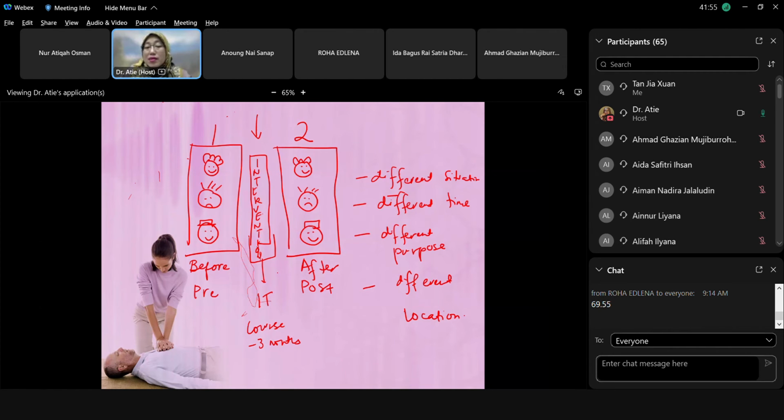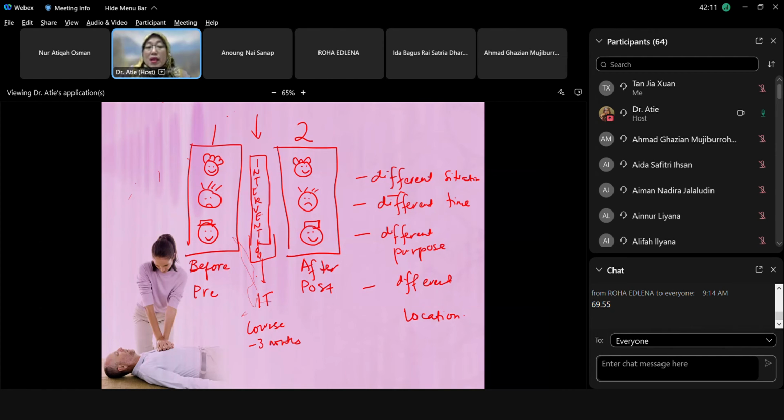Then we can see whether the IT course is actually effective in improving the staff in their IT skills.